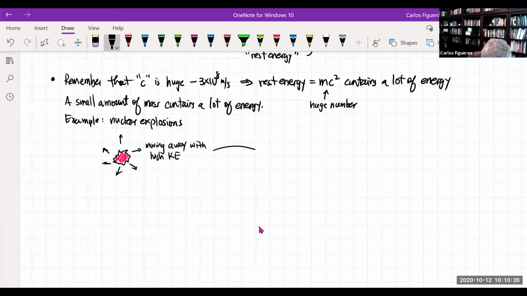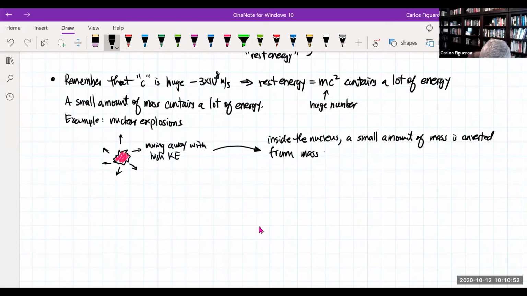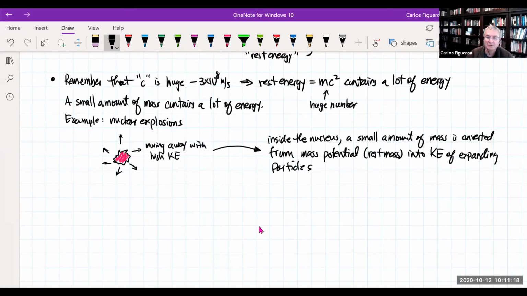What you find is that inside the nucleus, a small amount of mass is converted from mass potential. What do we call mass potential? The rest mass, into kinetic energy of, I guess, expanding particles. What do I mean by expanding particles? It's the particles moving away from the explosion.